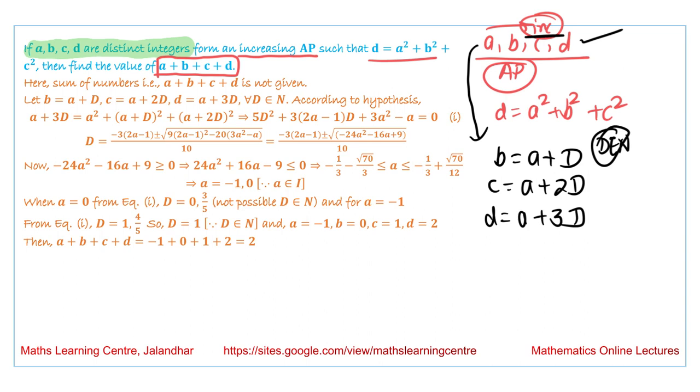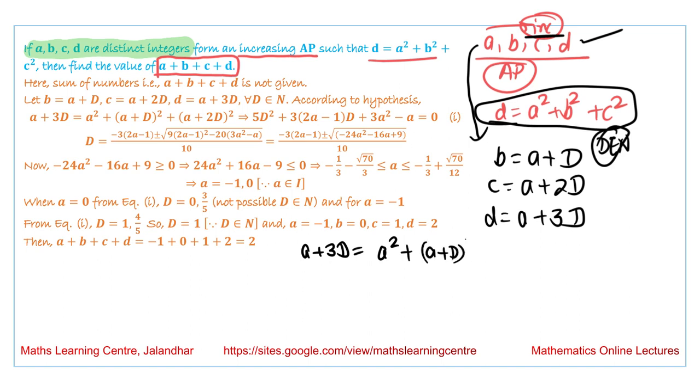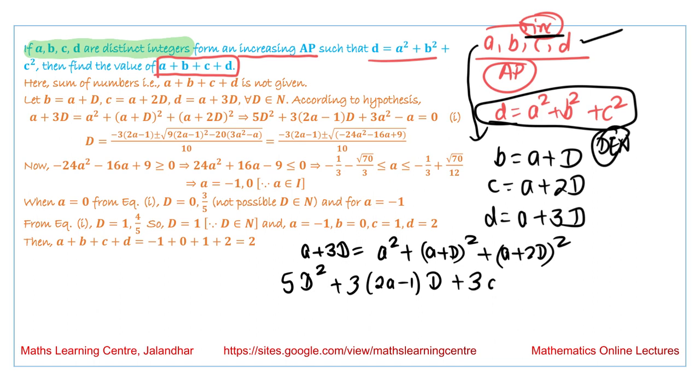Now if we substitute these values in the given condition, we will obtain that A plus 3D is equal to A square plus (A plus D) square plus (A plus 2D) square. Now if we solve this equation, we will obtain 5D square plus 3 into (2A minus 1) D plus 3A square minus A is equal to 0.